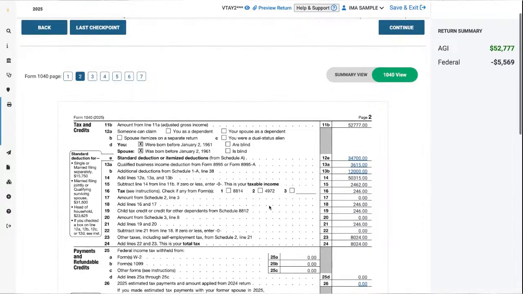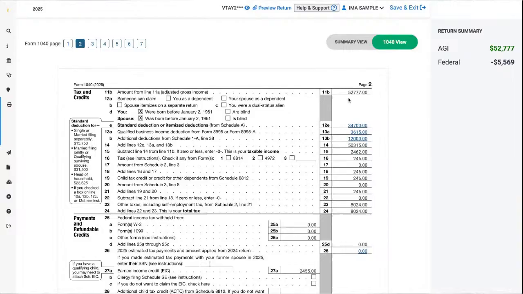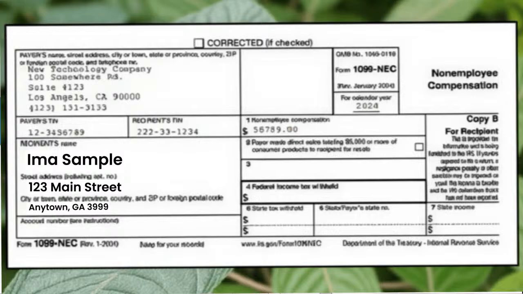So now we see all that makes up what they owe. Let's do the math real quick so we know exactly what's happening here. Our client presented us with a 1099 that showed that they earned $56,789.